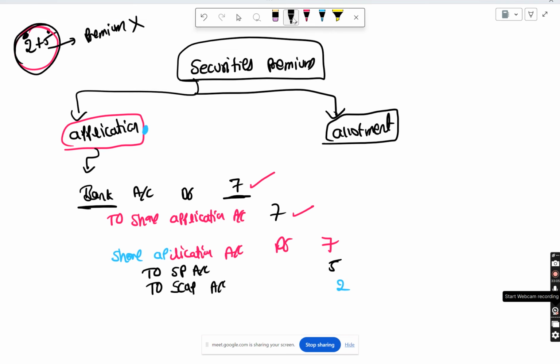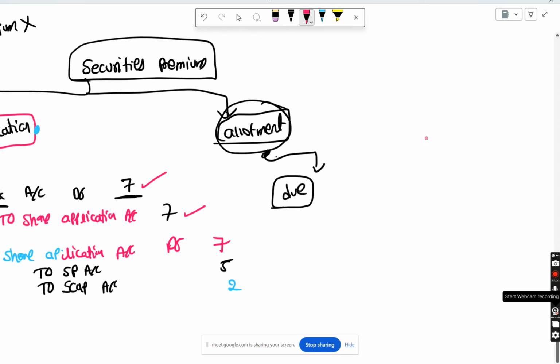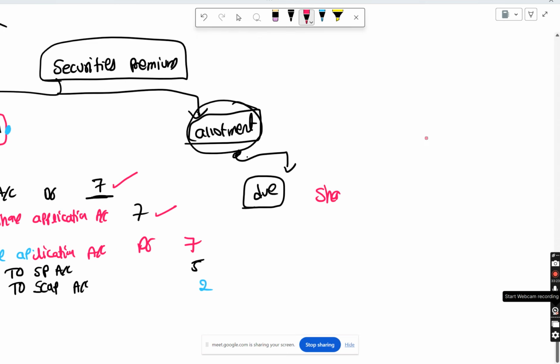Now make sure you write this also. Securities premium can be collected in the stage of allotment also. When you collect it in the stage of allotment, first you have to write a due entry in allotment. So while writing the due entry, share allotment account debit.